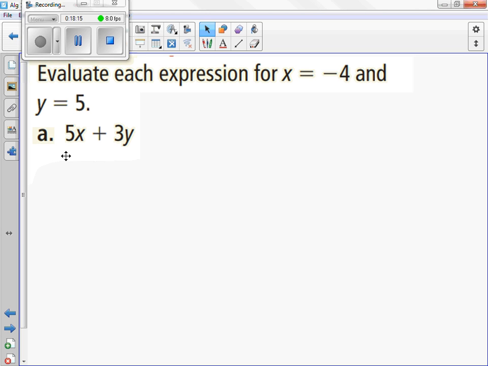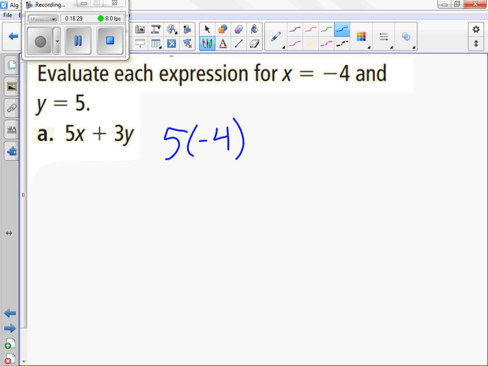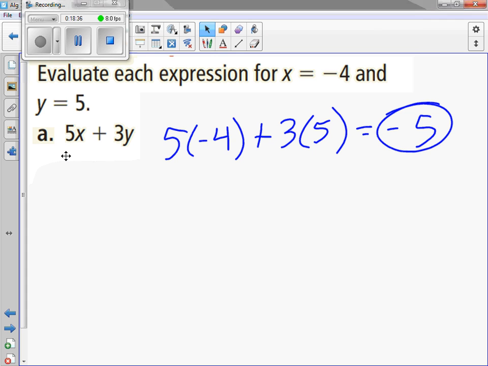Got an answer. Everybody got an answer? Negative 5? Yep. This is negative 5 because we'll do 5 times negative 4 plus 3 times 5, which will give us negative 5. And that's it.